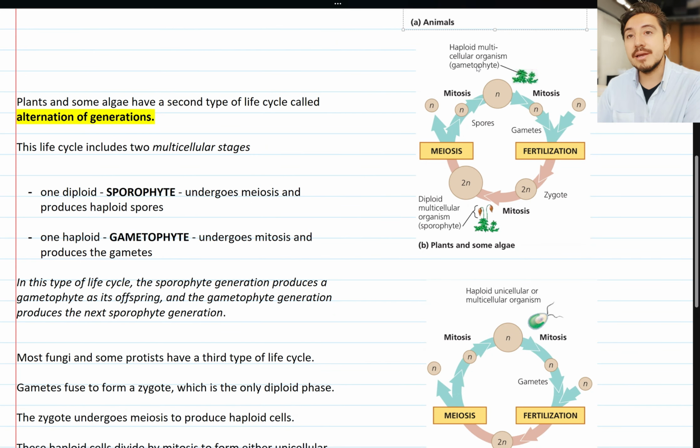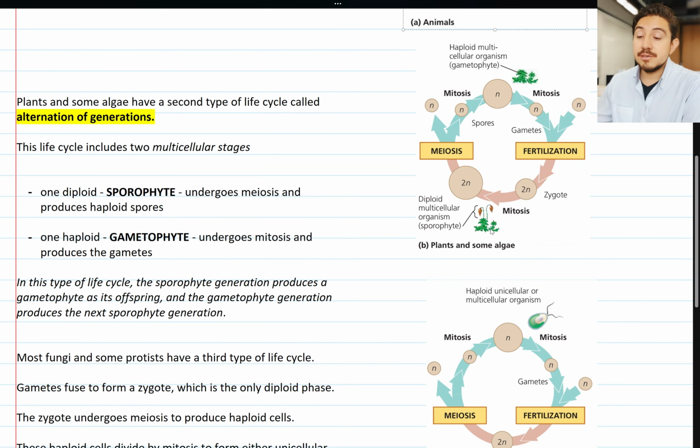And then they would produce the actual sex structure, the gametes, which would fuse with some other plant that is producing male or female gametes, and they would fuse together to produce a diploid individual again via fertilization that will develop into the sporophyte.